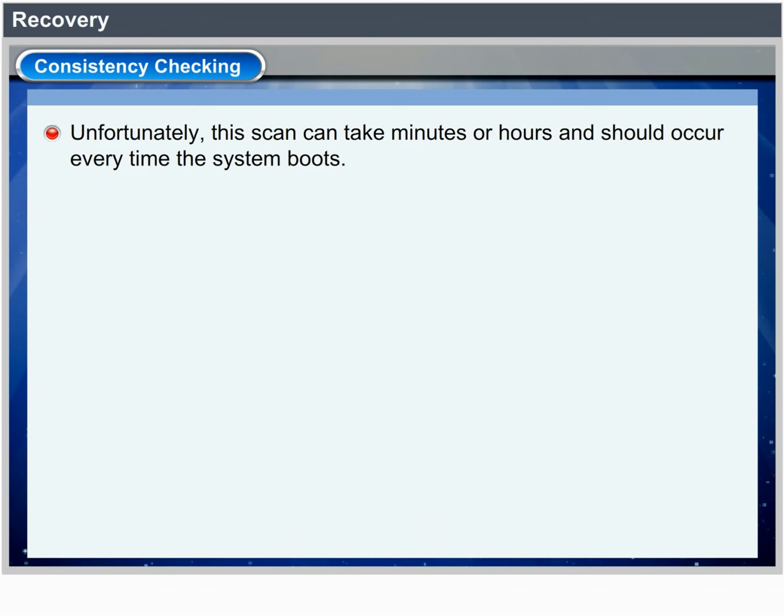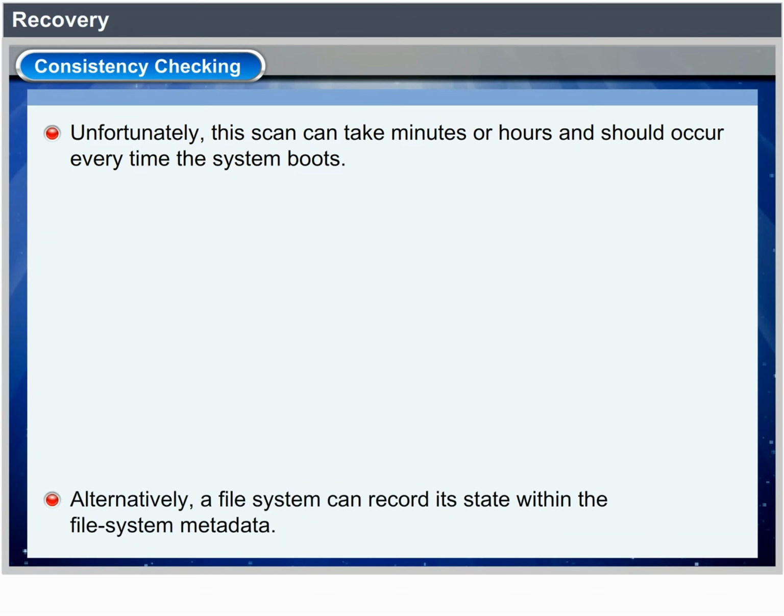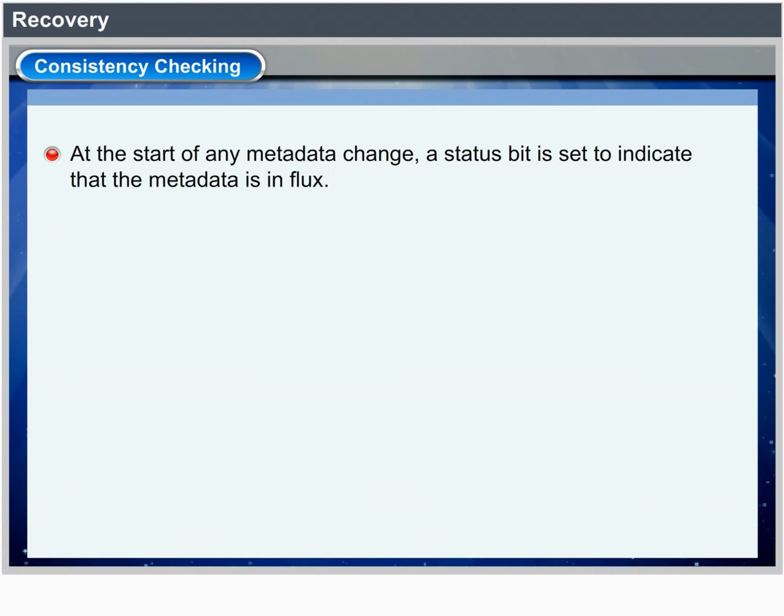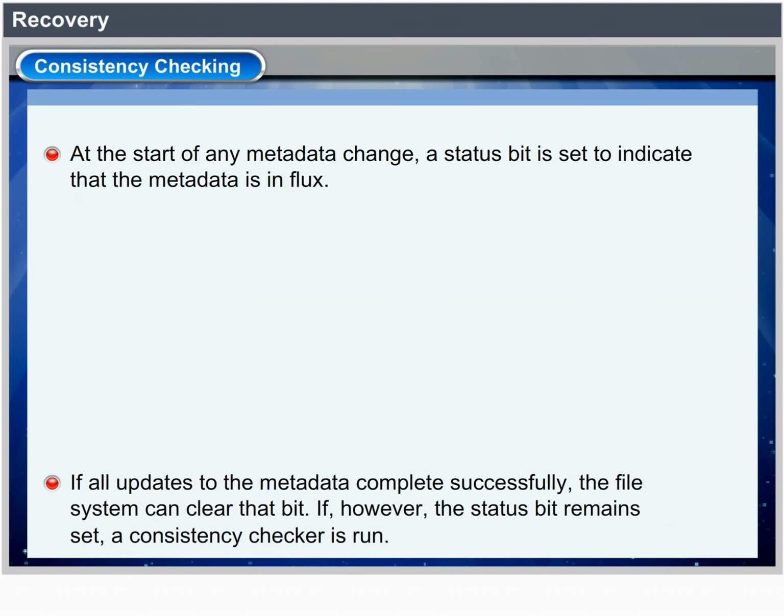Alternatively, a file system can record its state within the file system metadata. At the start of any metadata change, a status bit is set to indicate that the metadata is in flux. If all updates to the metadata complete successfully, the file system can clear that bit. If, however, the status bit remains set, a consistency checker is run.